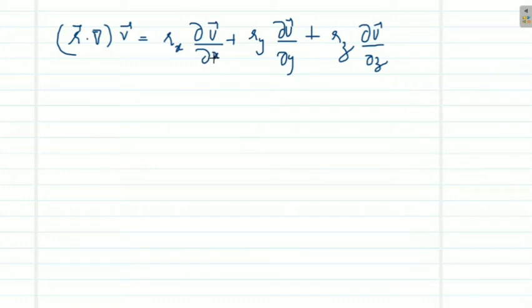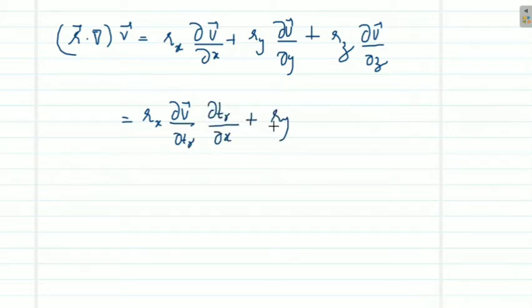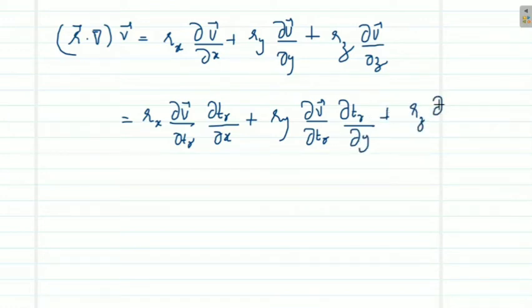Since v bar is not a function of x, instead v bar is a function of tr, we do that derivative like Rx into dou v bar by dou tr into dou tr by dou x plus Ry into dou v bar by dou tr into dou tr by dou y plus Rz into dou v bar by dou tr into dou tr by dou z.